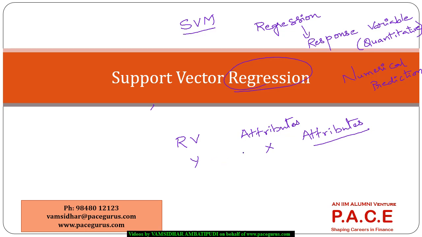Support vectors are typically built to showcase the relationship between these sets of variables, and that is how the overall model will be built, and that model can very well be used for future prediction of these y values. So that is the typical process that goes in here.